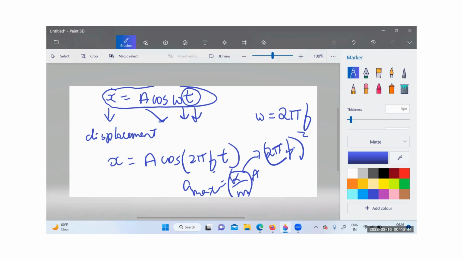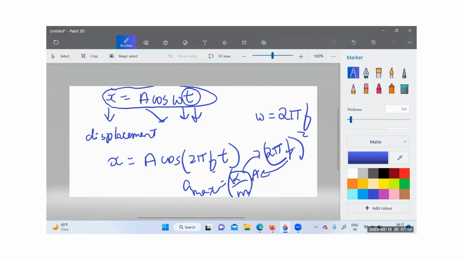Mm-hmm. So apply that and multiply this with amplitude, you get the maximum acceleration. It's 19 meters per second square. Oh, when I squared 2 pi, I think I didn't square the f. Okay, so that was my problem.